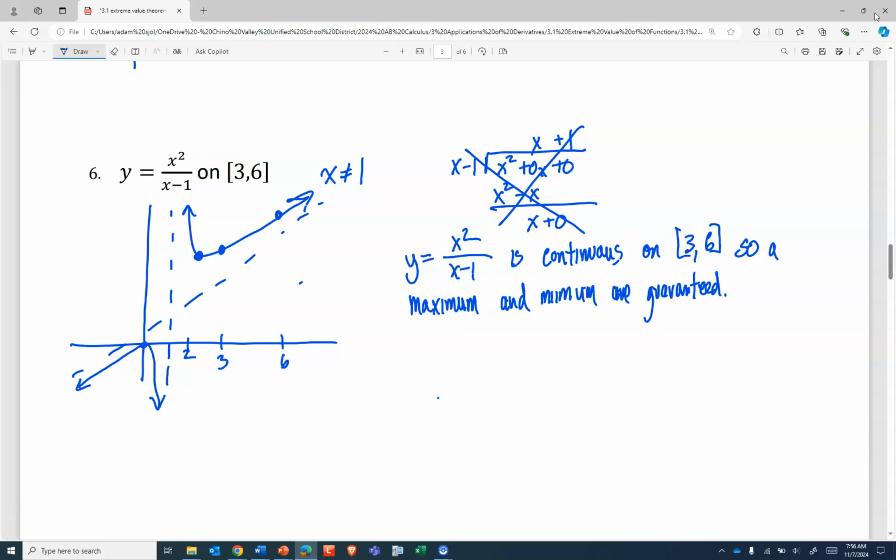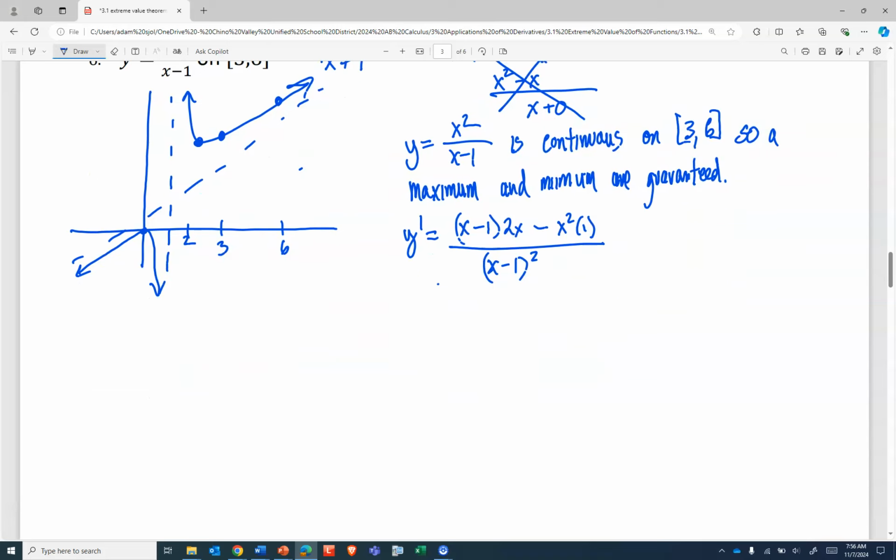Okay, so we need a derivative. We can't do much fancy algebra to simplify things ahead of time, so we'll just do the derivative of a quotient of two functions. And notice we don't have to worry about y prime being undefined on 3 to 6, so I think that's how we're going to phrase it.